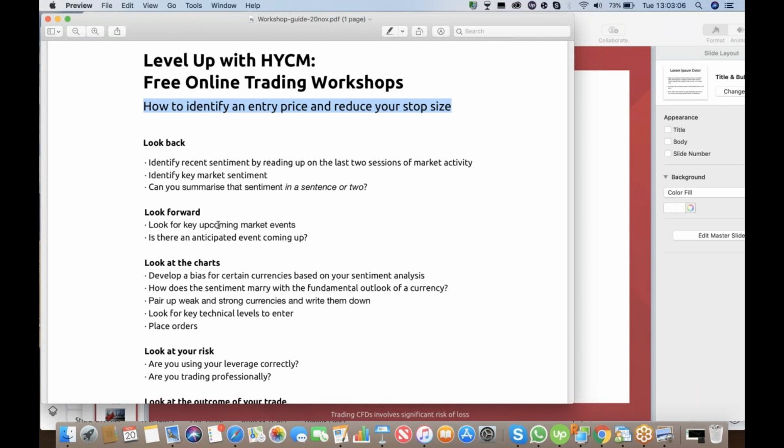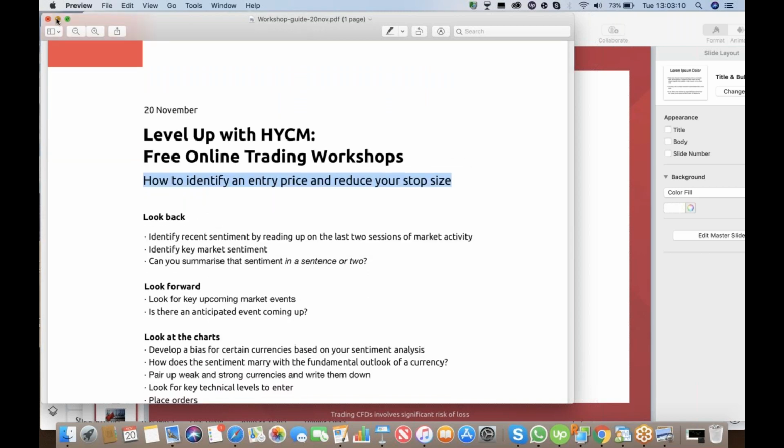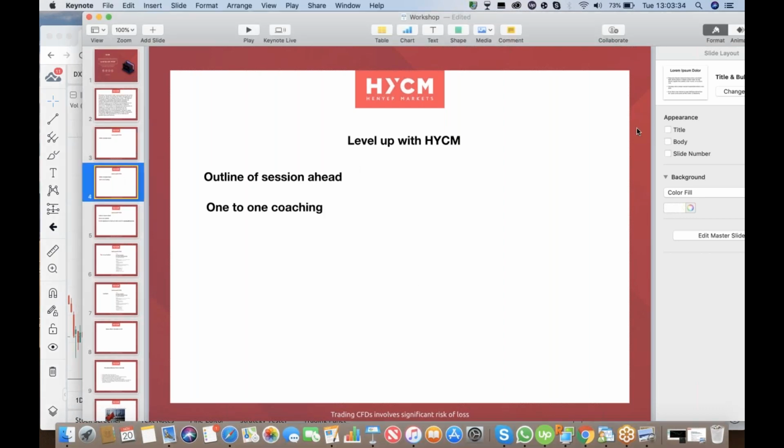Make sure you keep an eye on that handout. Keep it to one side. We'll be referring to it during the workshop, and at the end of this workshop we'll look at the exact way of finding an ideal entry price, one that's technically appropriate. We'll come to that later in the session, so I won't labor that now.